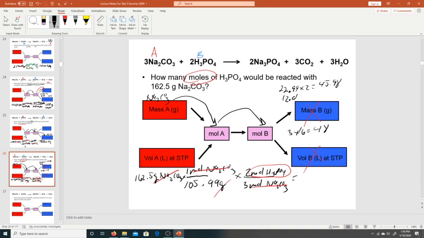To 4 sig figs, 1.022 moles H3PO4. That's how we solve that problem.